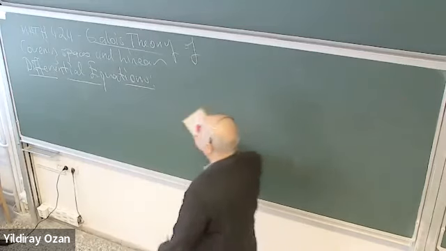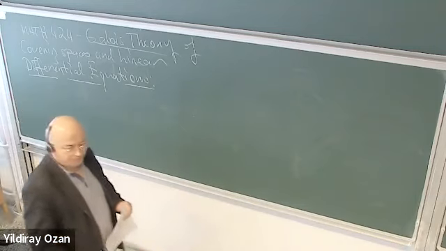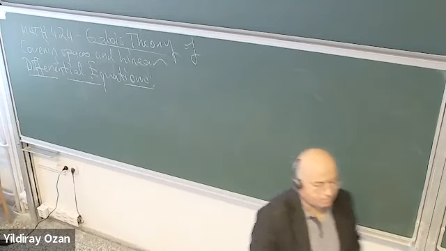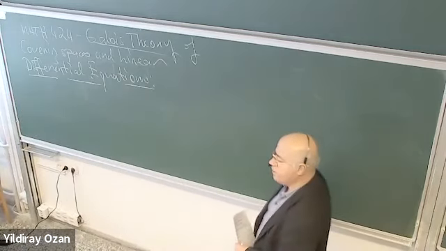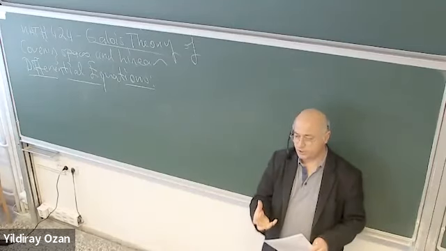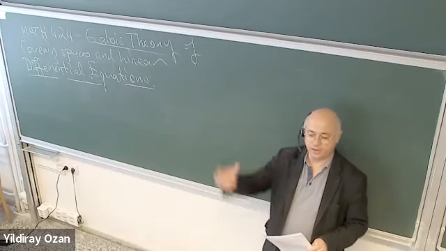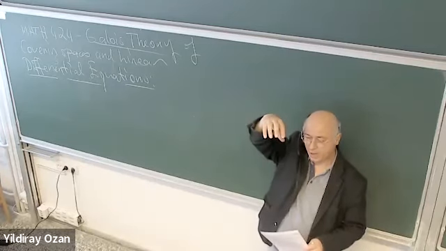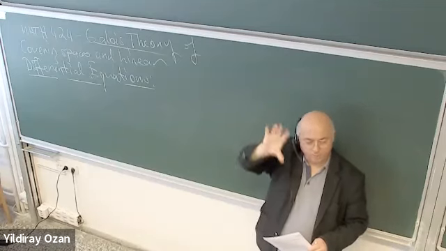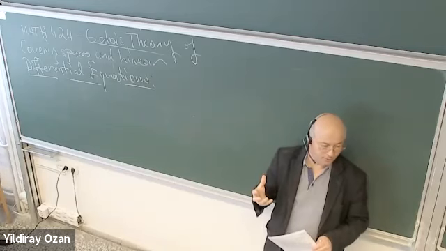Now, about covering spaces, let me give you a couple of examples. Covering space means you have a topological space downstairs, and then you have another space above it, and then you have a map between them. That map is always a local homeomorphism.